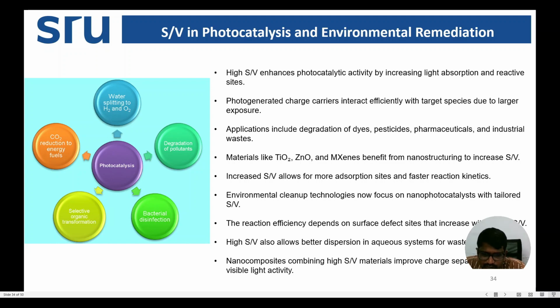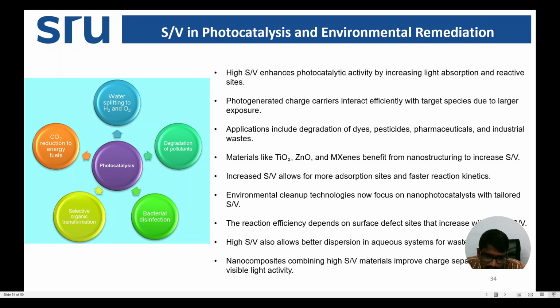Nanocomposites combining high surface to volume ratio materials improve charge separation and visible light activity. We already discussed this in photocatalysis. Two things are very important: one is light absorption, the second is redox reactions, that is charge separation.